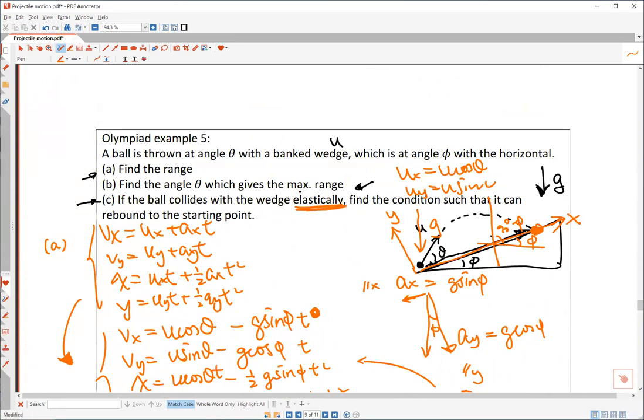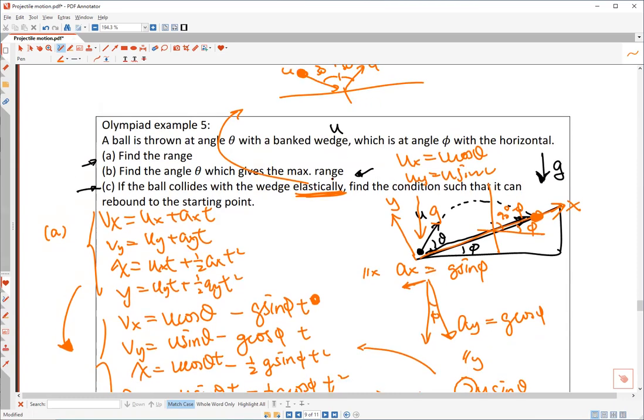We haven't talked about what is meant by elastic. For a collision, if it is elastic, so let's say the angle to hit the ground is 30 degrees, it will bounce at 30 degrees with the same speed. So that is colliding elastically. This is the hint I would give you.